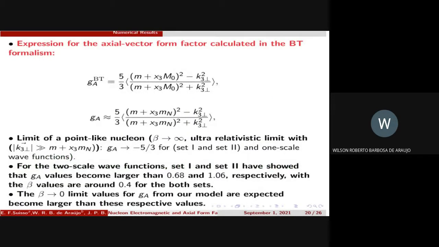Here we compare expressions of GA according to the Bakamjian-Thomas construction and GA from our model. I show you three aspects of this analysis.